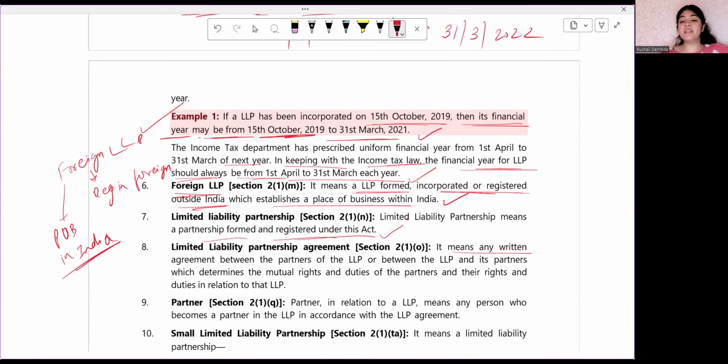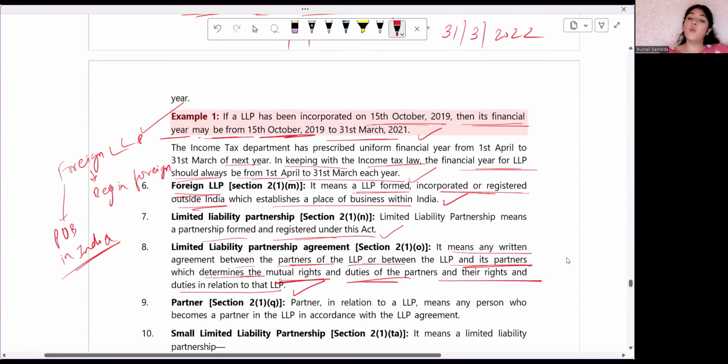What is agreement? It means any written agreement between the partners of the LLP or between the LLP and its partners, which determines mutual rights and duties of partners and their rights and duties in relation to LLP. Agreement is whatever are the rights and duties of the partners towards the LLP, and LLP's rights and duties towards the partner, mentioned in the limited liability partnership agreement.